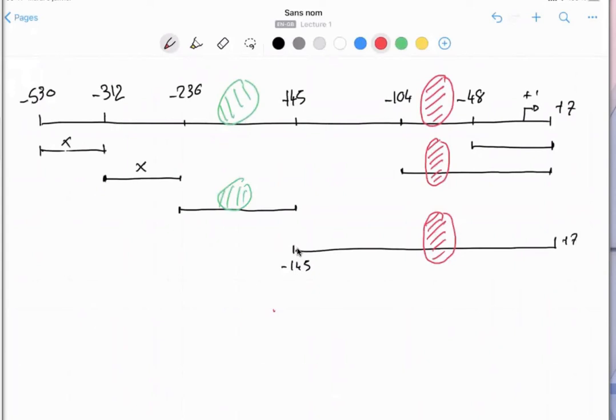I think it's because between minus 145 and 104, there is another complex. Yes, maybe.